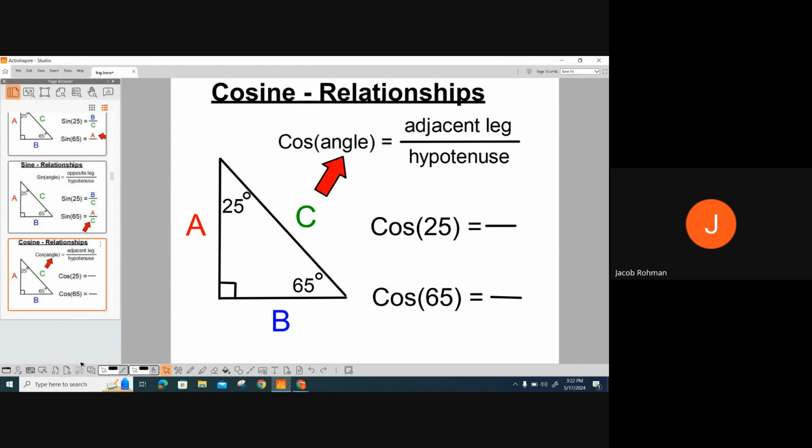Now let's look at the cosine relationship. So the cosine of the angle of reference is equal to the adjacent leg divided by the hypotenuse.